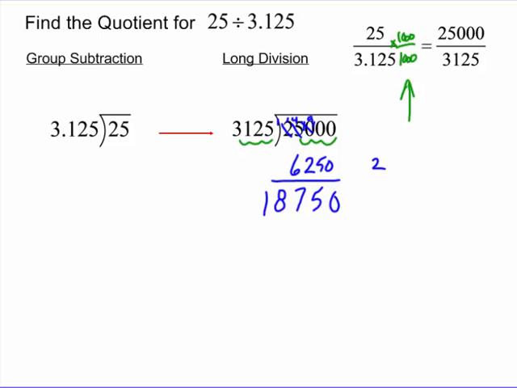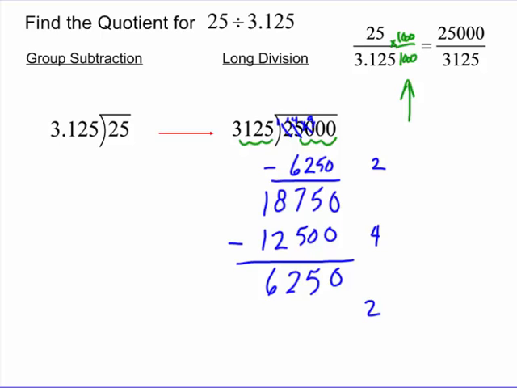Now I could see that 6,250, the two groups I originally subtracted, I could take a lot more away. So I might up this to 4 groups of 3,125. I'm going to just double what I had previously. That's going to be 12,500. And now when I subtract those, it goes a little faster, and hey, look, I'm left with 6,250, which is what I started with, so that's 2 more groups.